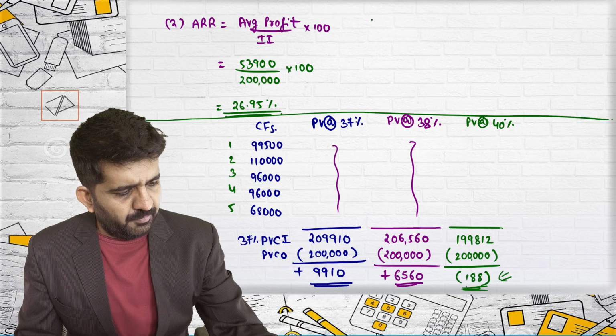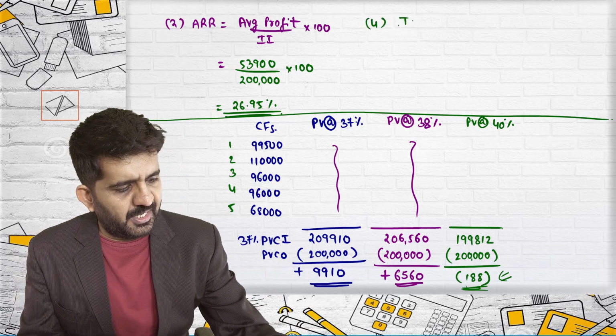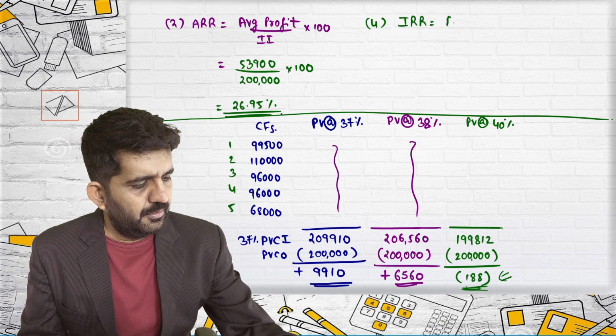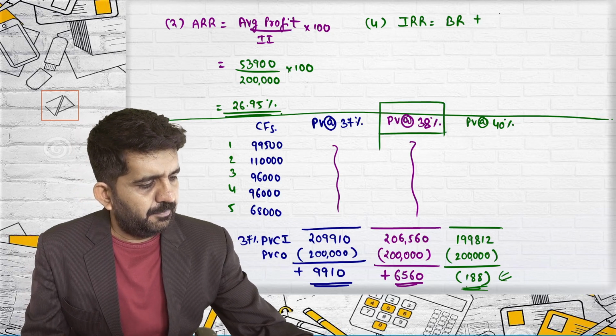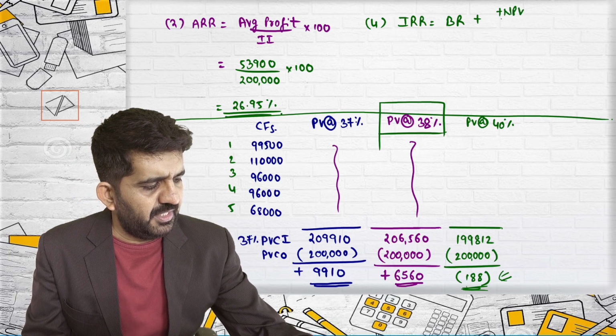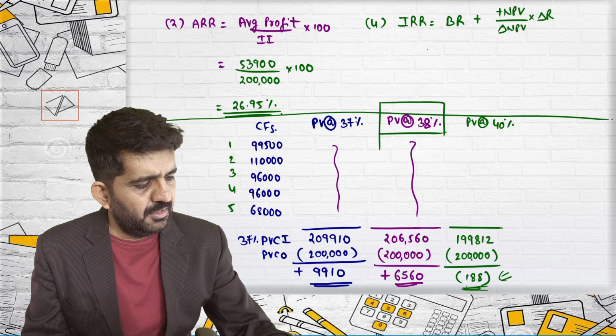I am finding out my fourth answer, which is IRR. Base rate will become 38% plus positive NPV divided by difference of NPV multiplied by difference in rate.